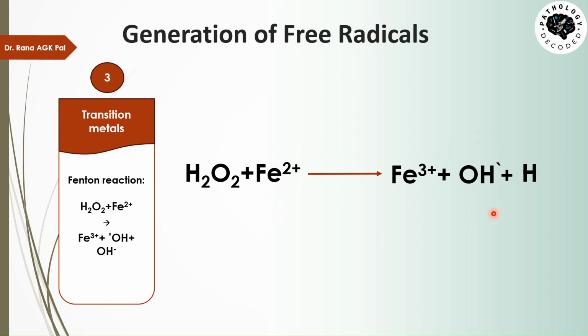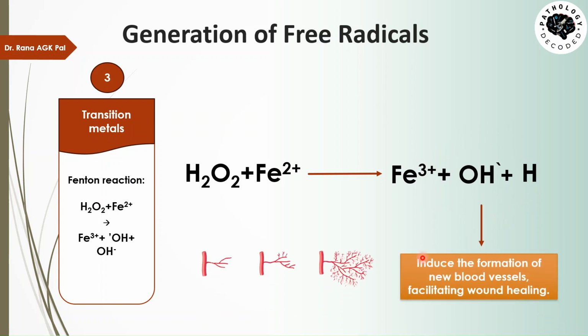Now, what is the purpose of this? This hydroxyl ion generated at the time of Fenton reaction takes part in formation of new blood vessels, which facilitate wound healing. So this reaction is important at the time of wound healing. New vessels, or angiogenesis or neovascularization, take place because of this hydroxyl ion.